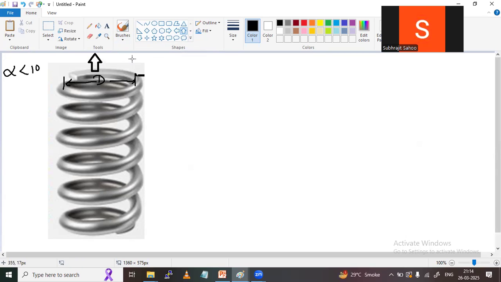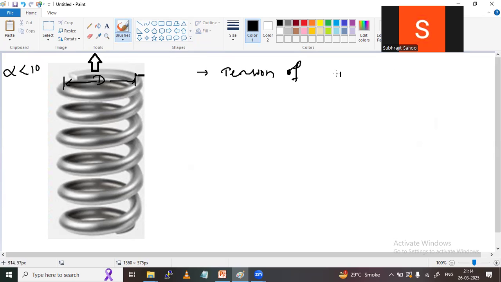And you know one more important point. Whenever the load is applied to tension a spring, two types of shear stress will be developed.